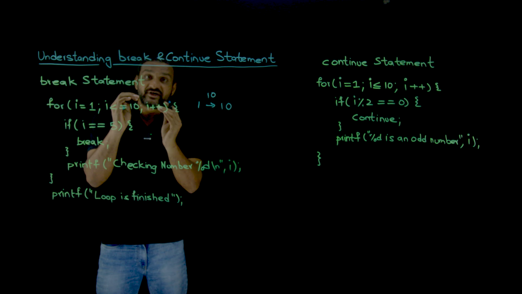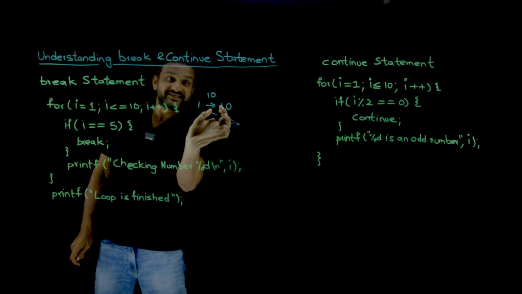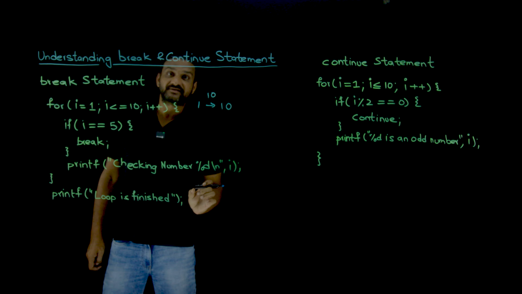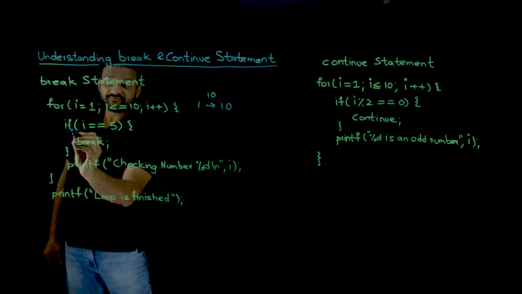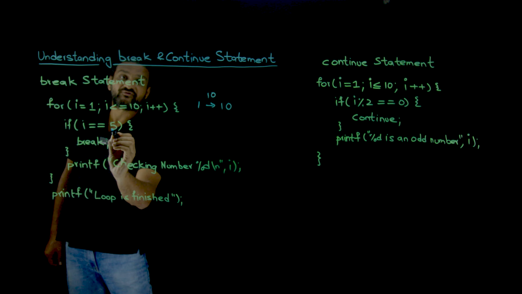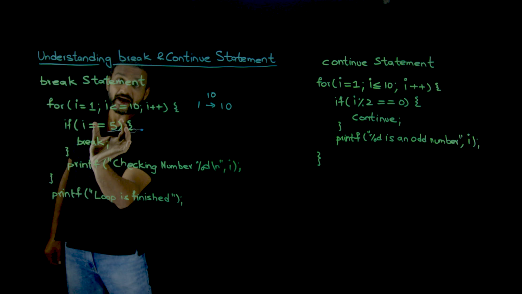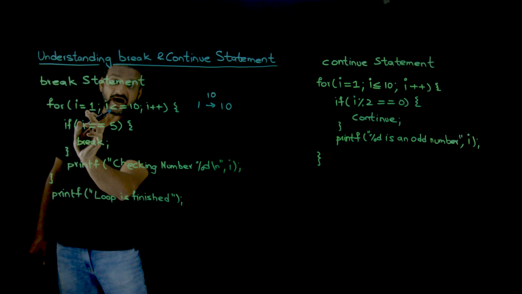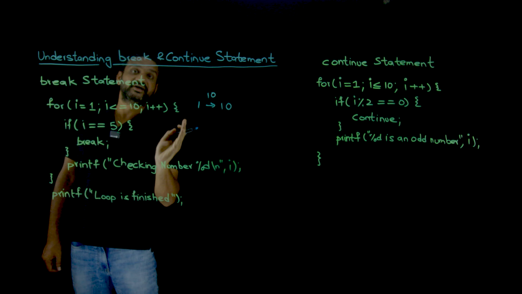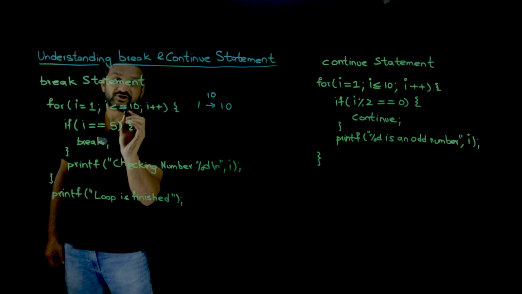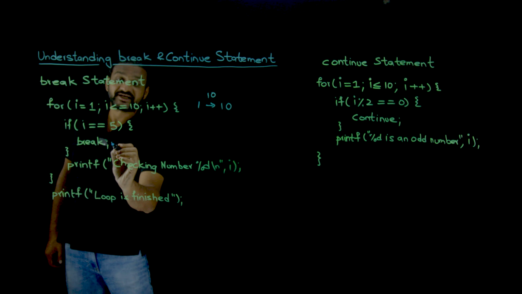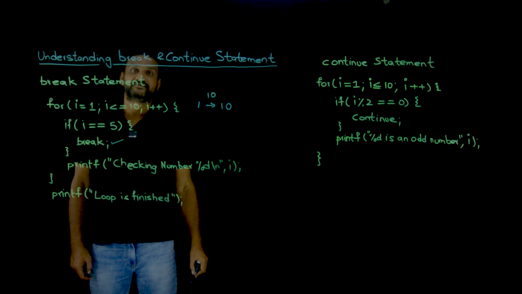Now, can we come out of this loop between these 1 to 10 iterations? Let's see. If the value of i is equal to 5, after executing the first 5 iterations, whenever we come into the loop and i is equal to 5, then this break statement will get executed.